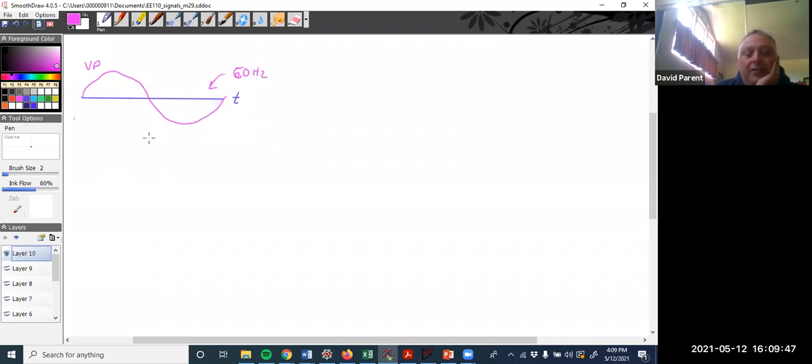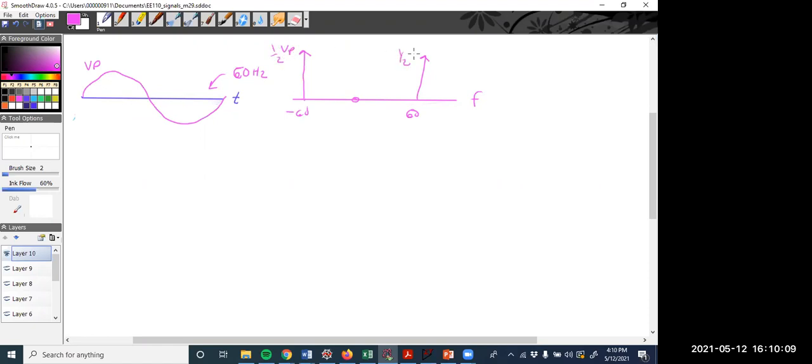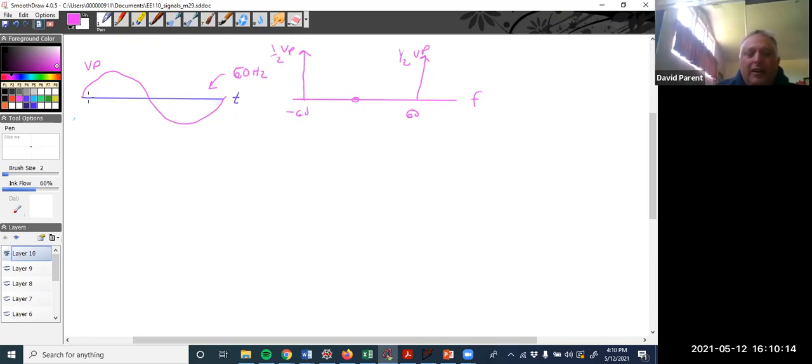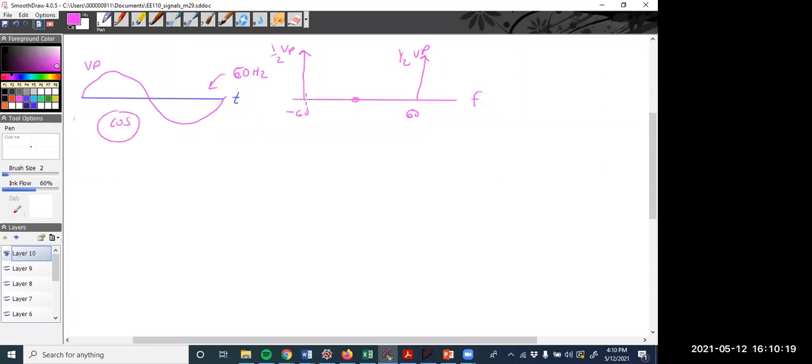Now I need to convert this to DC, right? Well, what does this look like in the frequency domain? Is that the half wave? No, this is the cosine. Oh, yes. Well, all right. Assume I've delayed this so it's a cosine, okay? Because now they'll both point in the right direction.